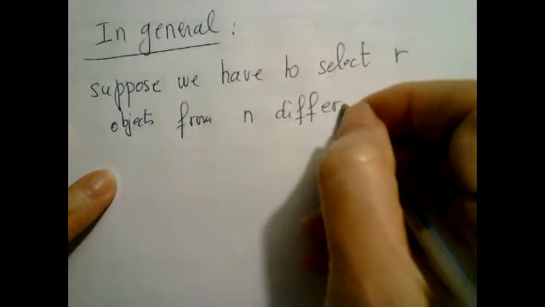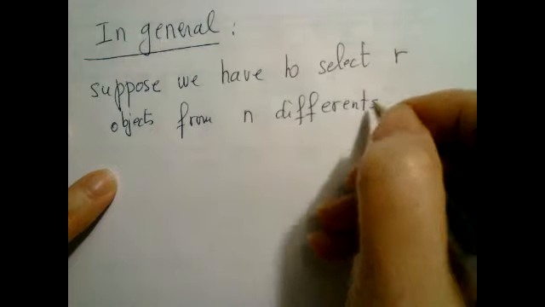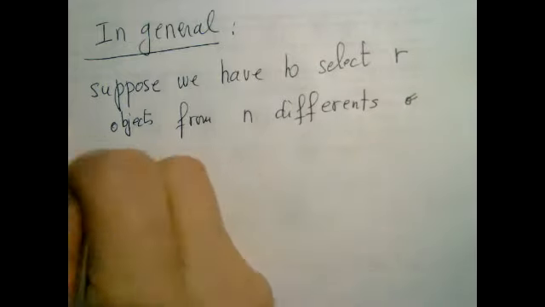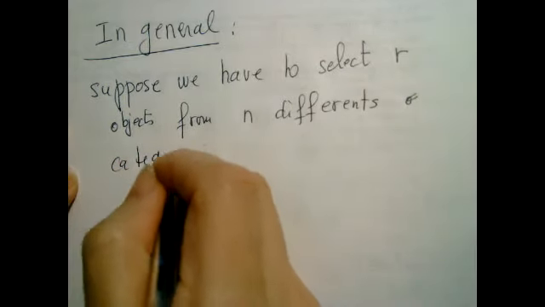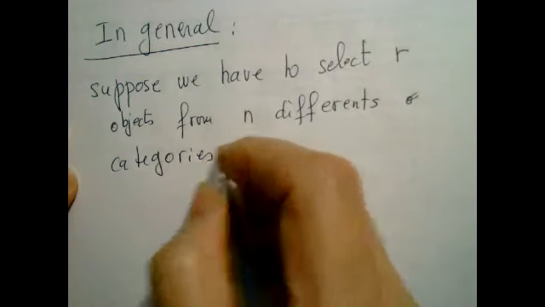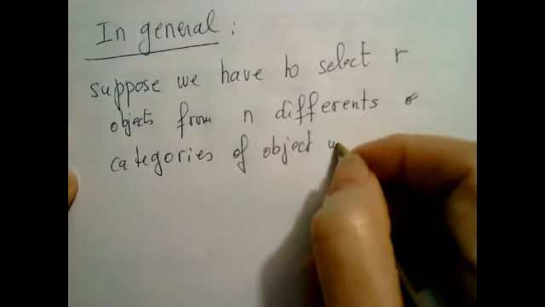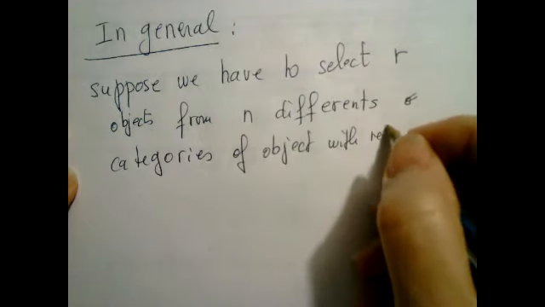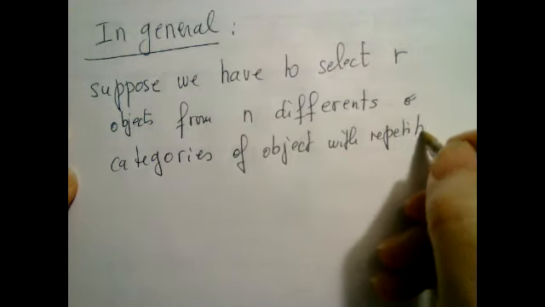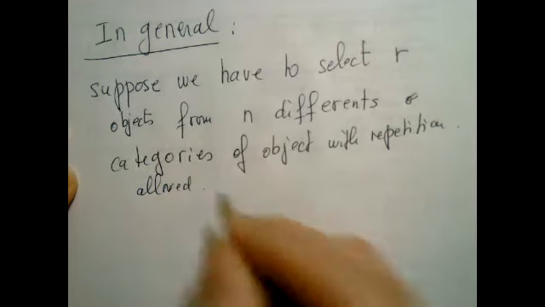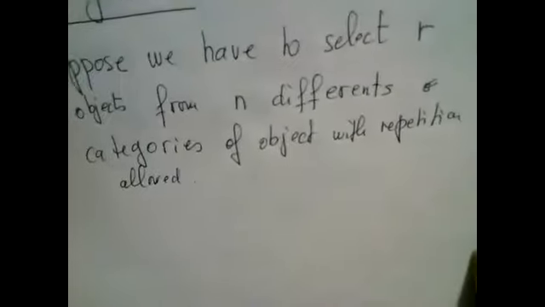Like in the previous one, it was 20 objects from 5 different categories, from n different categories of objects with repetition allowed. It means that the objects are not necessarily distinct.